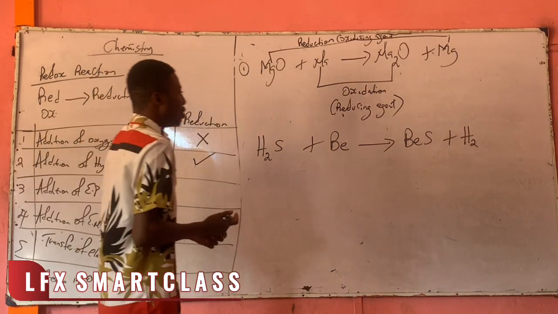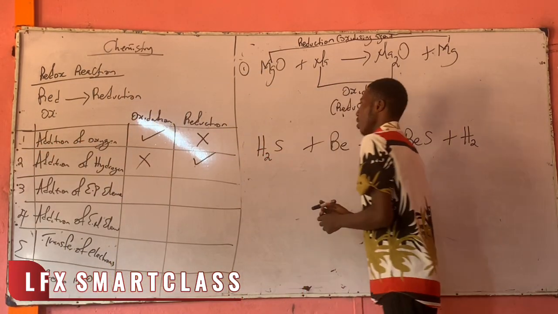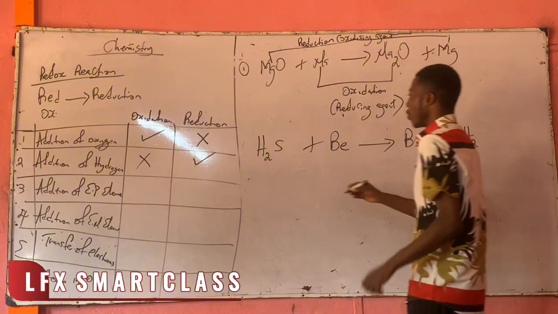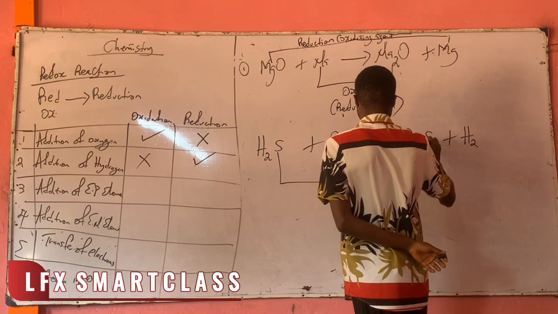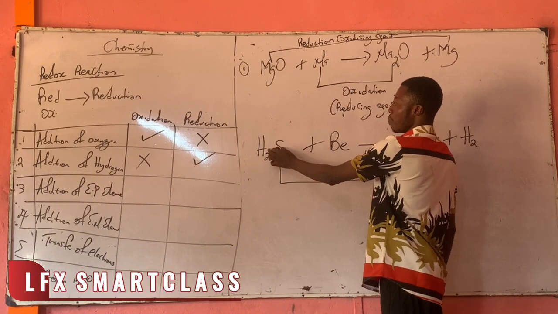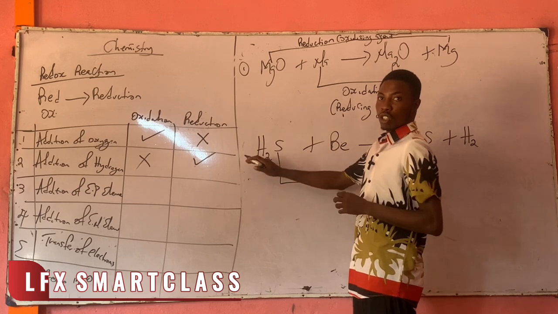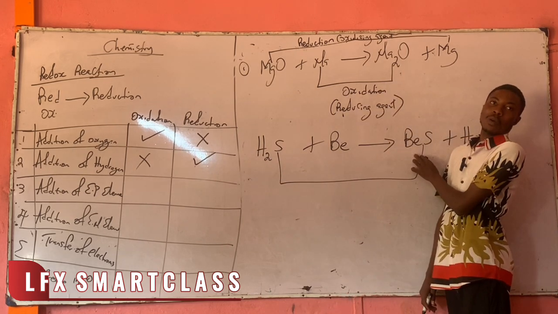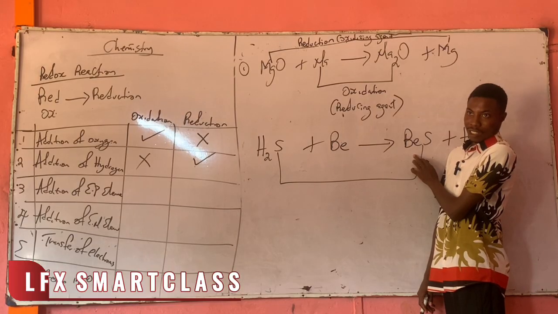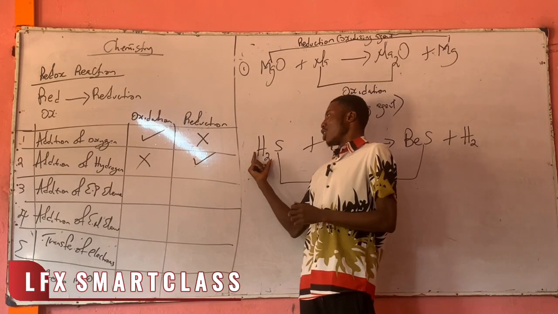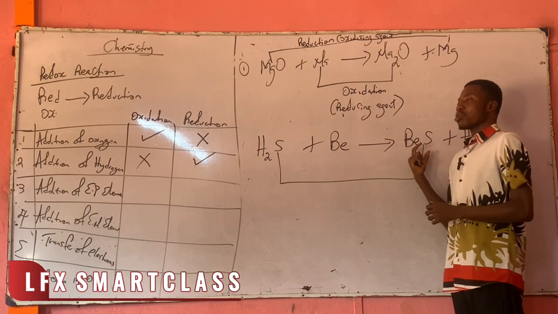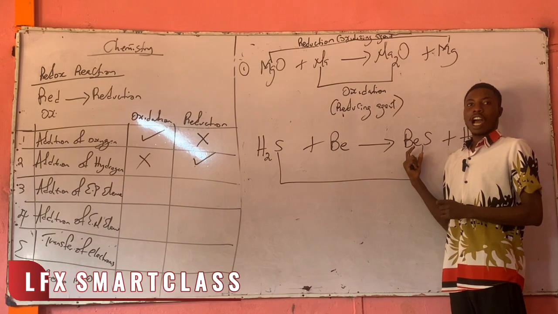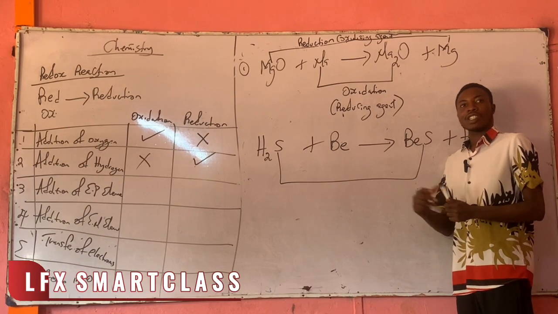If you look at sulfur here, sulfur at this particular point was carrying hydrogen. But here, sulfur is no more carrying hydrogen. Reaching here, sulfur is no more carrying hydrogen. Which type of reaction happened here?